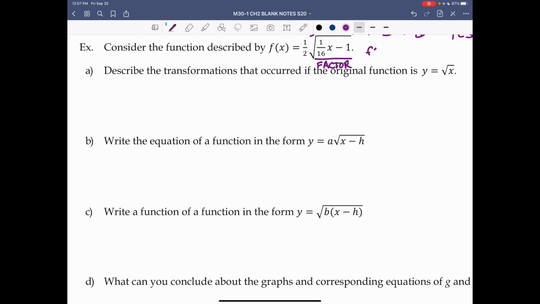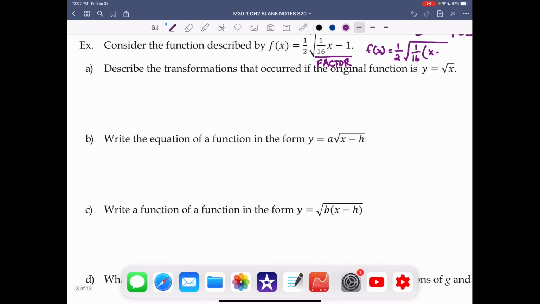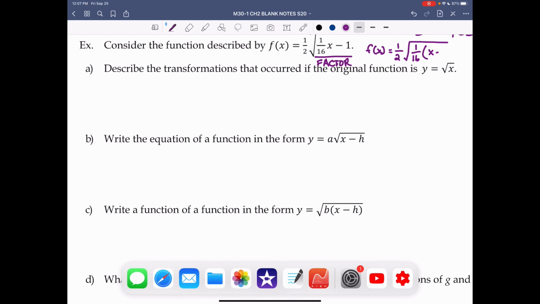And then it would become f of x equals 1/2 times the square root of 1/16 bracket, and then x minus what is 1 divided by 1/16?